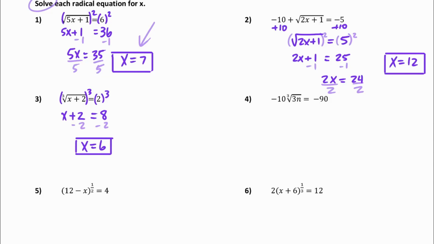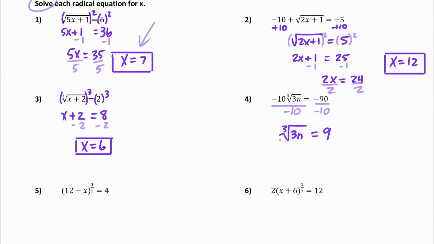4 is similar to number 3. If you're thinking about steps or maybe need a little bit of help, dividing by that negative 10 right away is the best thing to start off with. And so you isolate the root, the cube root of 3n. Not really a big deal that it's a different letter. n behaves the same as x. They're both variables. Negative 90 divided by negative 10 is positive 9.